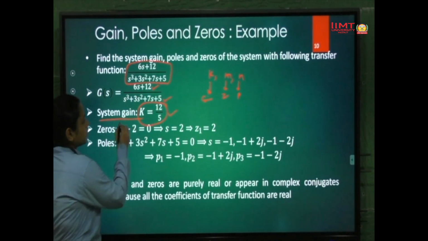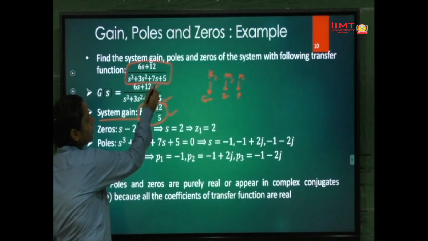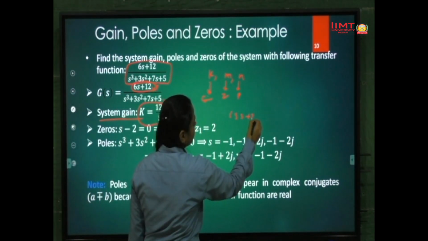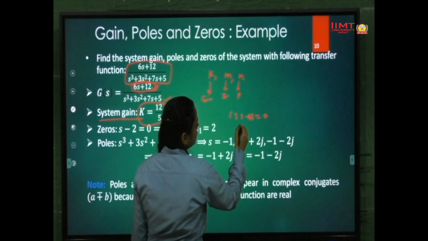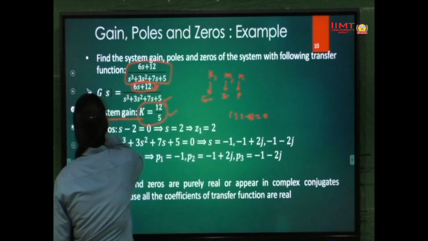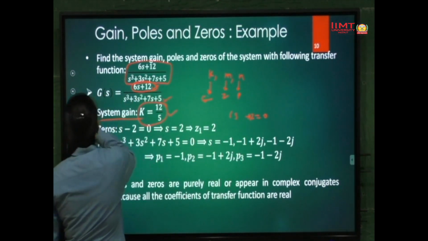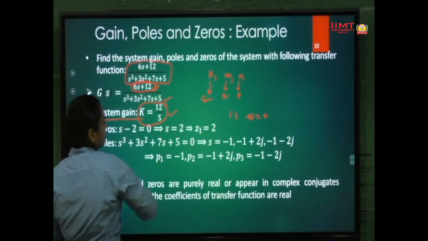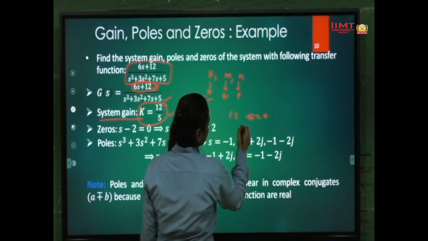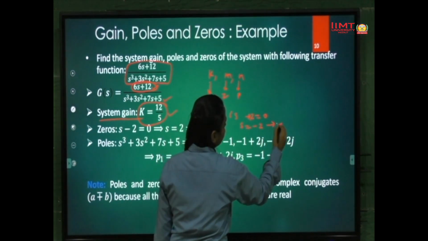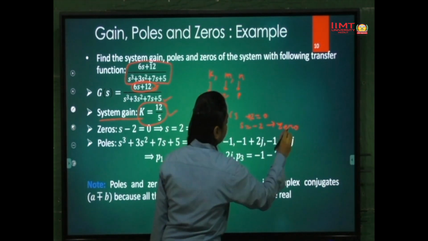For zeros, we put the numerator 6s plus 12 equal to 0, then we get s equal to minus 2. So this is a zero of the system.